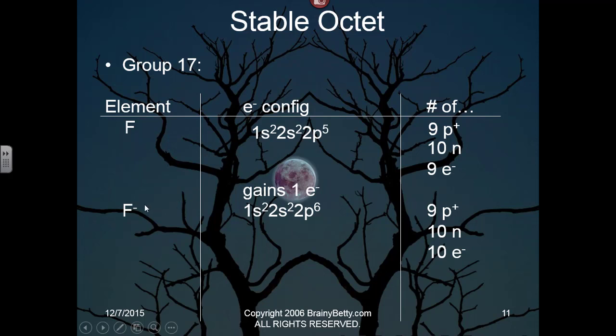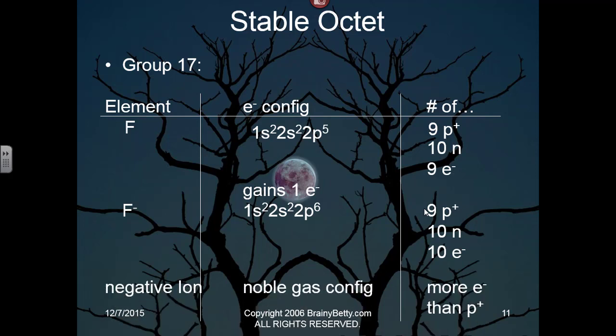That extra negative gets written over here, higher and smaller, kind of just like an exponent in math, and that shows you that there's an extra electron that's no longer being balanced out. So this time we've made a negative ion, although it still has the noble gas configuration, and it's negative because there's more electrons than protons now.